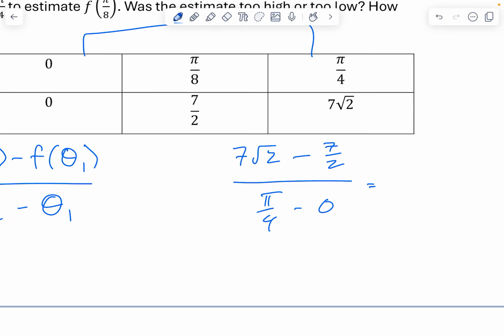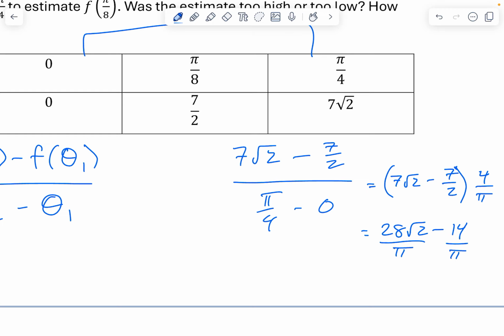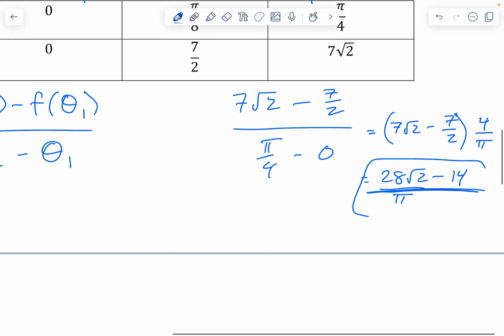So we have 7 root 2 minus 7 over 2, all getting multiplied by 4 over pi. 28 root 2 minus 14, each of them over pi. Or we could put them both over the same pi. Maybe we'll do that. There we go. Okay. So that right here is the average rate of change.